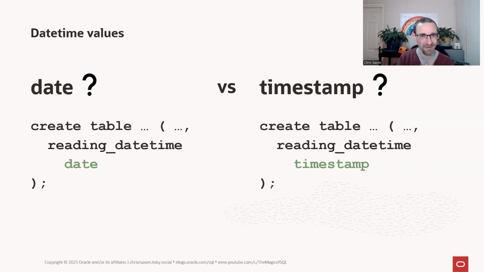We'll have a vote in a second over what you're going to choose, but why would you choose date or why would you choose timestamp? That's really what we want to get into here. I'm going to put a poll up in a second.